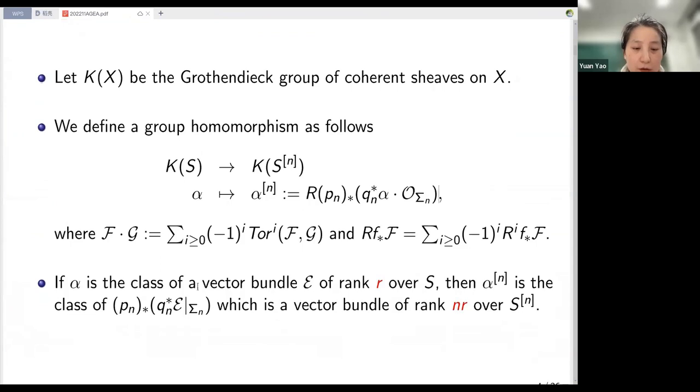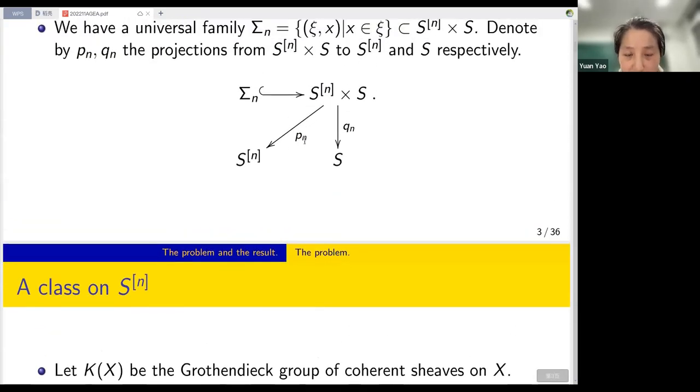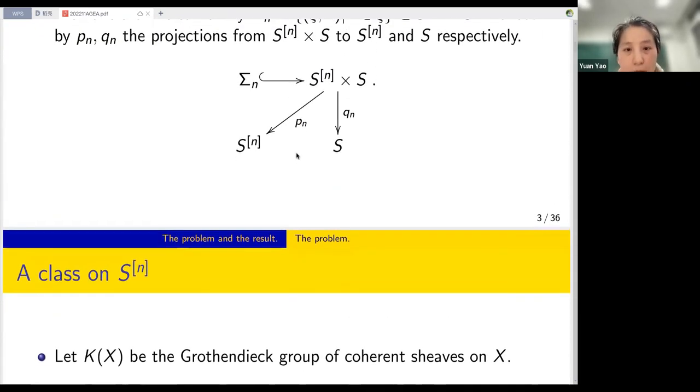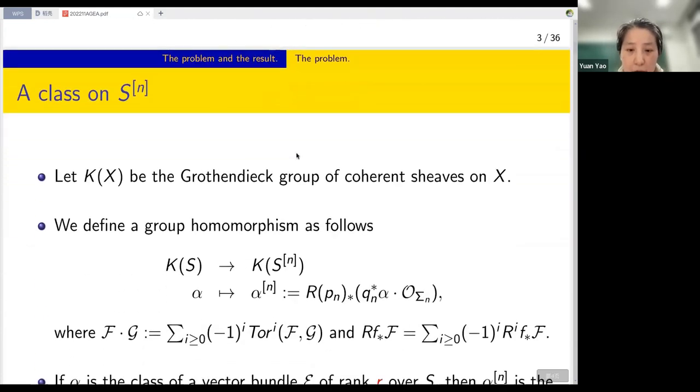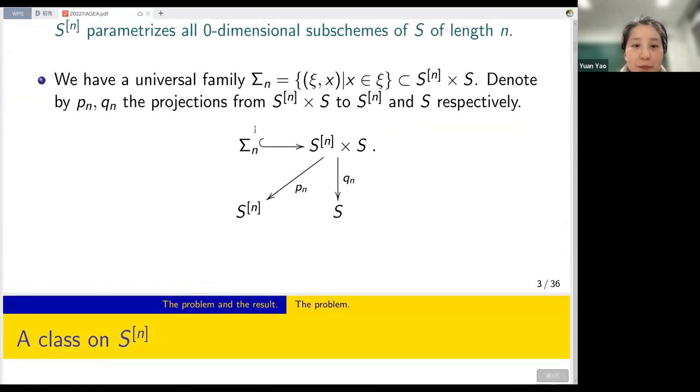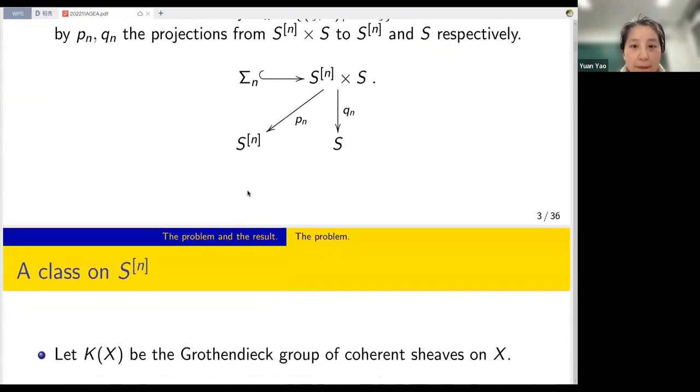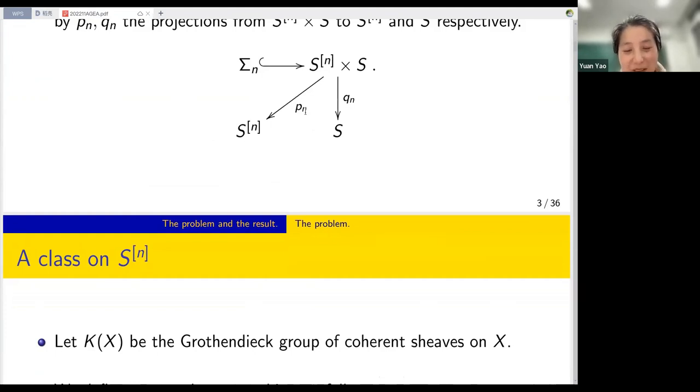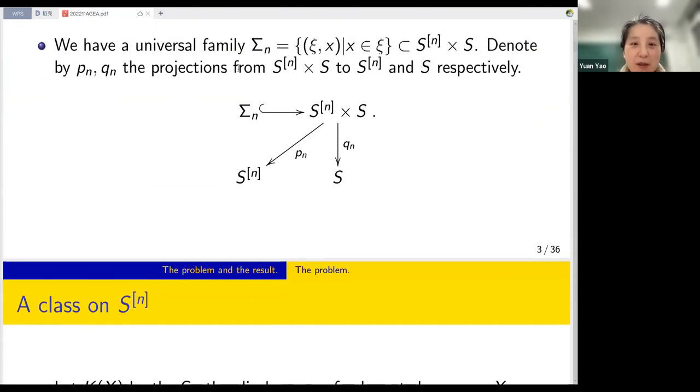If alpha is the class of a vector bundle, this is only the restriction. The pullback of alpha is also a vector bundle, and you restrict this bundle to the subscheme and then push forward. Since P_n restricted to the universal family is finite, you don't have higher direct images. P_n itself is not finite, but P_n restricted to this universal family is finite.